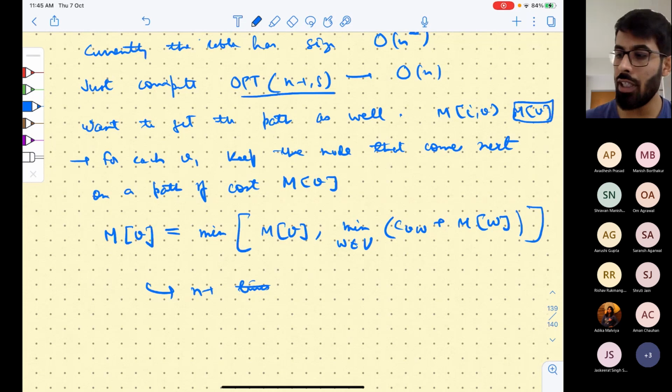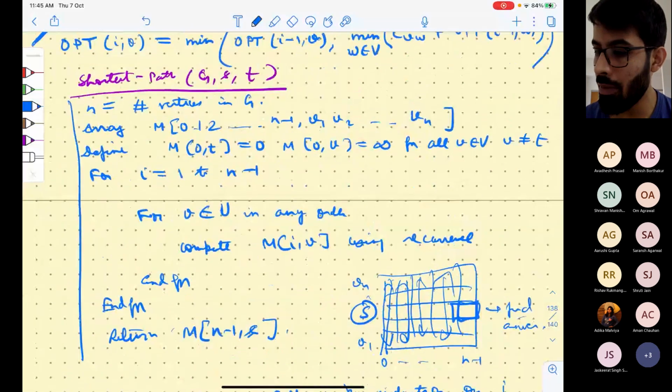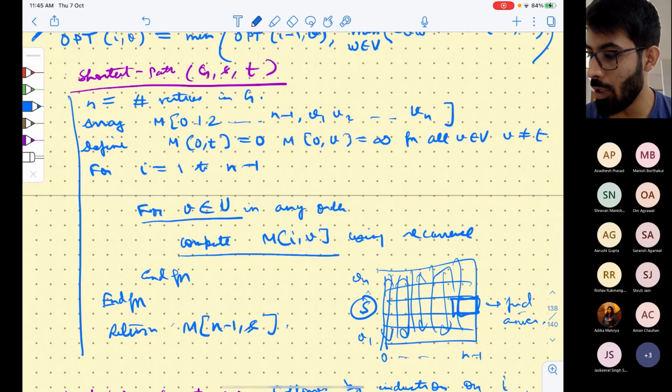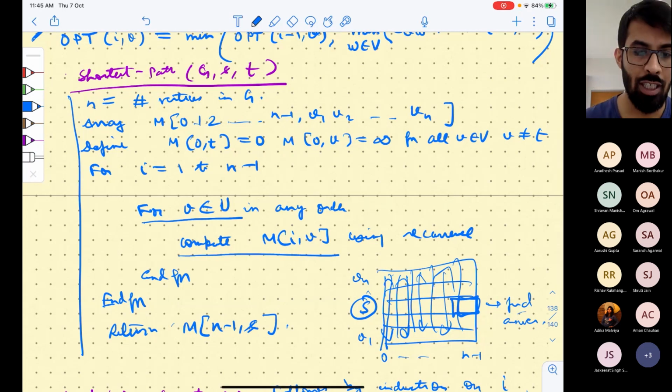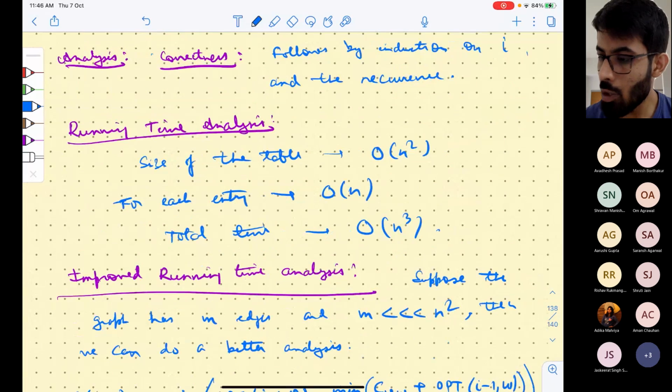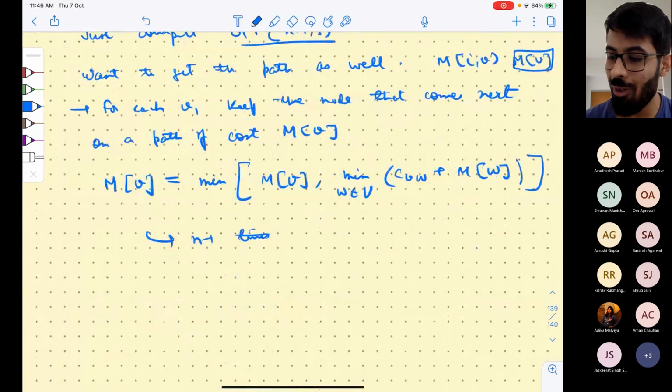Yes, but even in this algorithm you go through the vertices one by one, so some paths remain. But in this case M(i minus 1) is always the same.